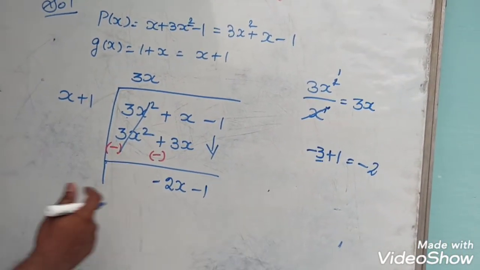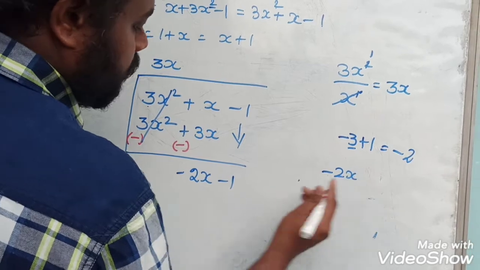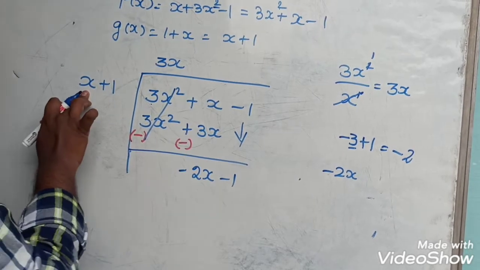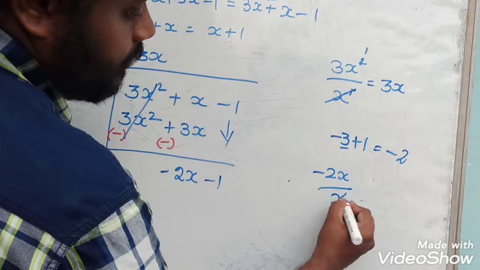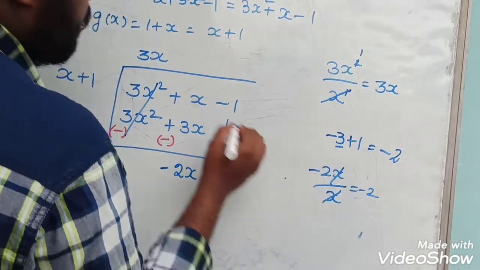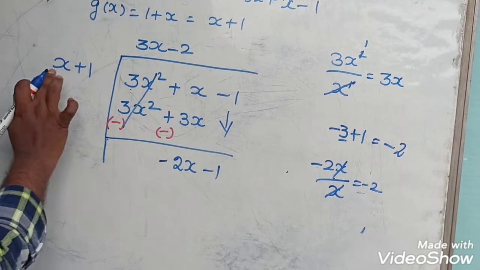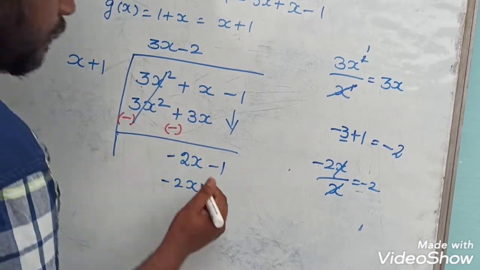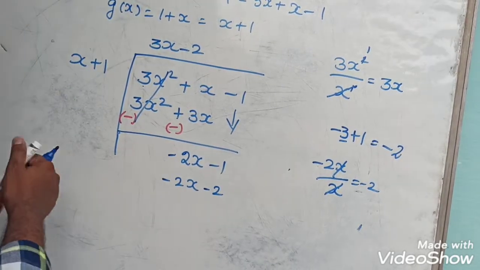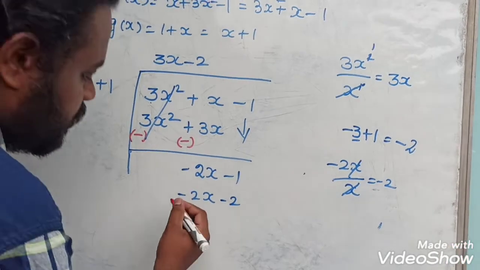Now again we compare the first term of p of x and the first term of g of x. Always compare the first term only. So x will get cancelled. Now we multiply with minus 2. So minus 2 into x, minus 2x. Minus 2 into plus 1, minus 2. The next condition: we have to change the sign.